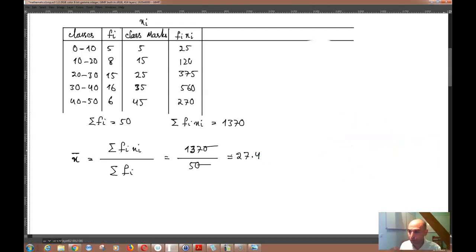So the mean of the data is 27.4. So x bar is equal to 27.4.